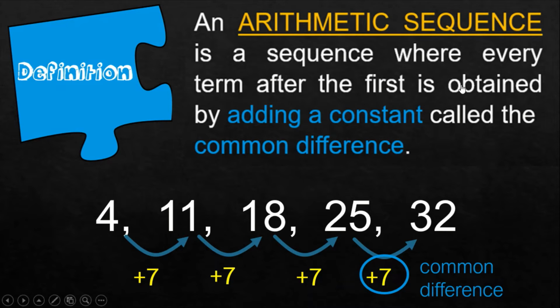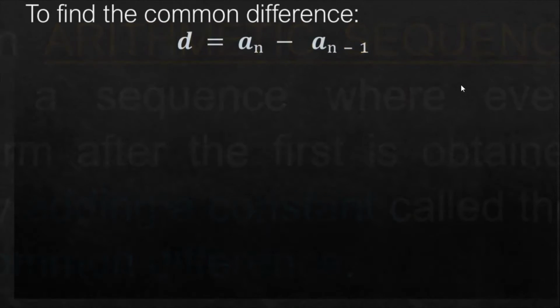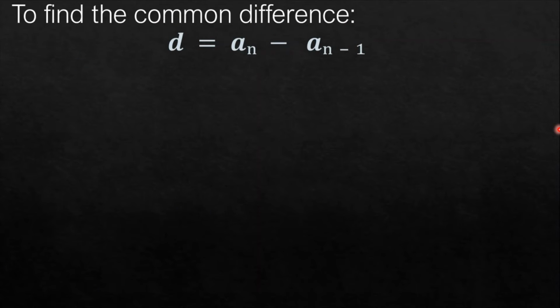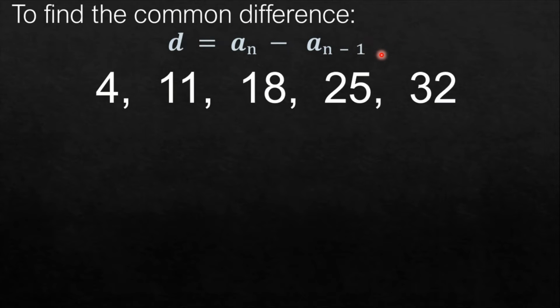So, paano nga ba natin nakukuha ang common difference? To find the common difference, D, representing the common difference, is equal to a sub n minus a sub n minus 1. So, anong ibig sabihin nito? Balikan natin yung given sequence kanina, 4, 11, 18, 25, and 32.